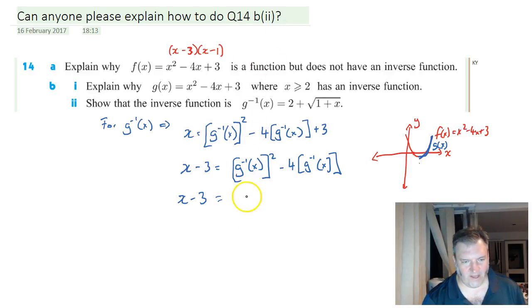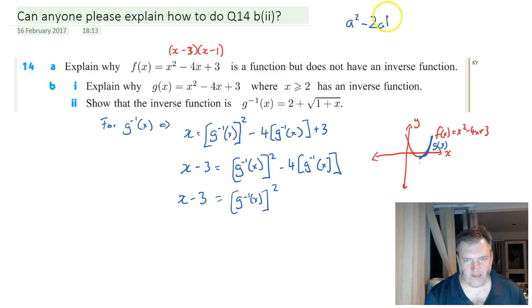So to complete the square here, I've got my first part, g negative 1 of x squared. Remember now, you want to get it in this form. Let's just do a reminder. A squared minus 2ab plus b squared would then factor into a minus b all squared.